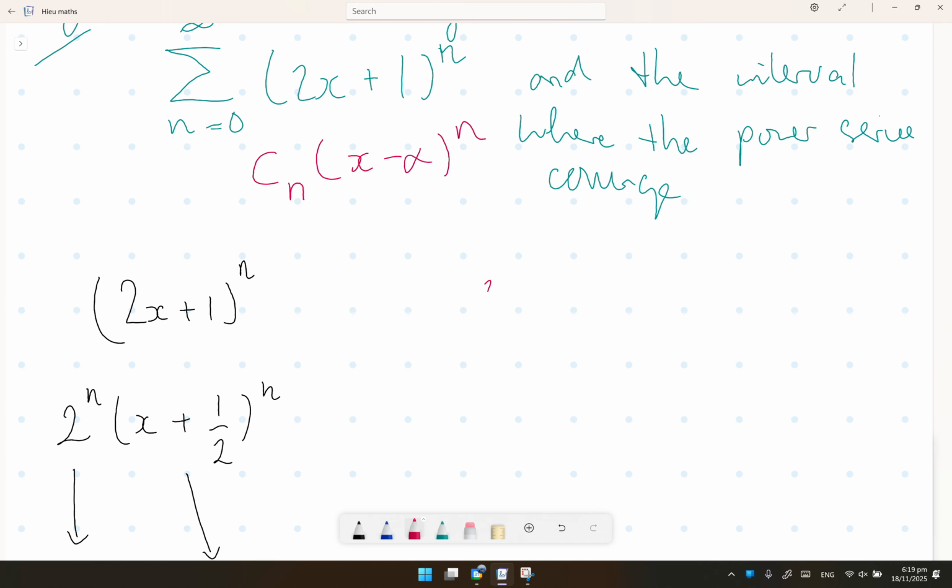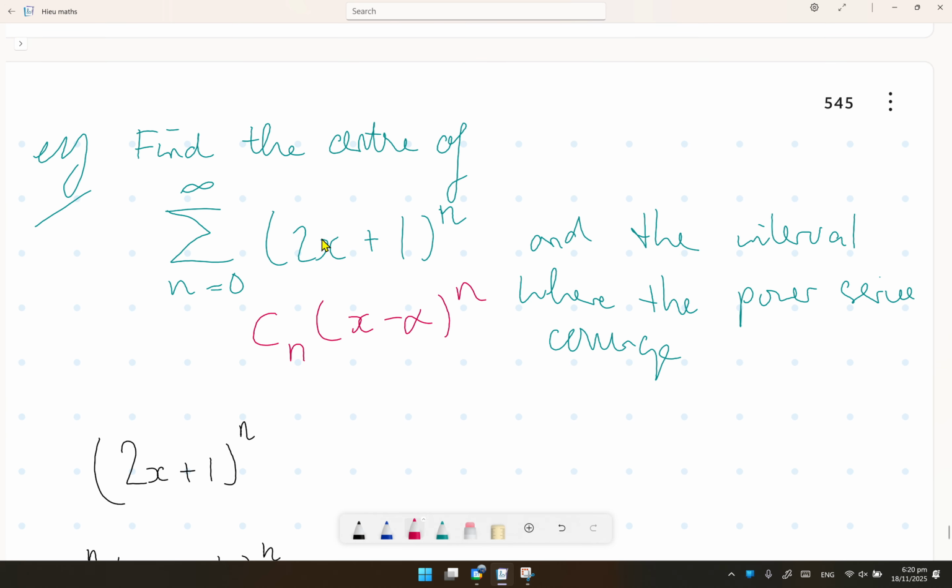Again, it looks a bit different because you would expect x to be a variable, but it's actually a constant. So you could say x is equal to 10, for example. There are values of x where it does converge, but let's just pretend x is equal to 10, right? This would technically turn into just 20 plus 1, which is just 21 to the n. And so the series would be 21 to the 0, which would be 1, plus 21 squared plus 21 cubed, right? That's a geometric sequence.